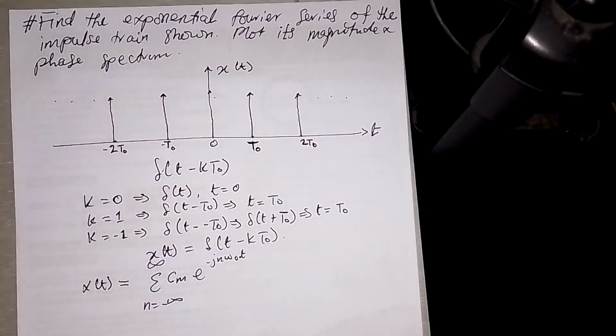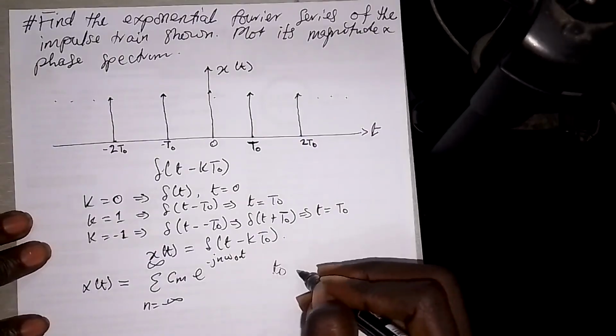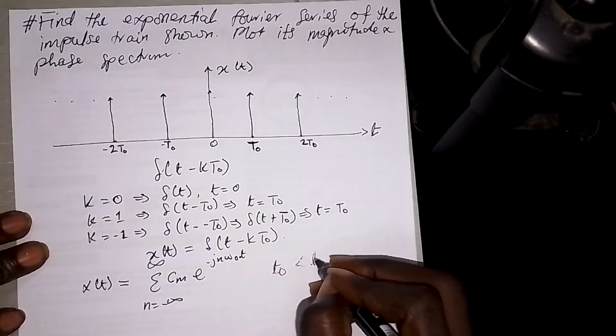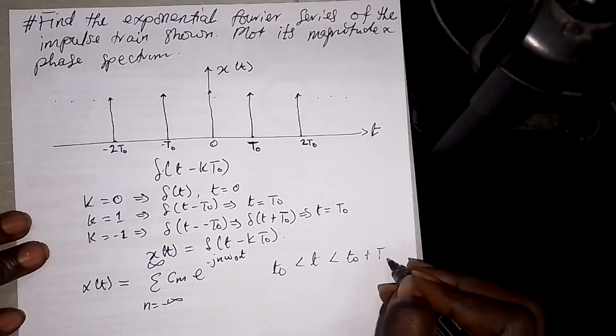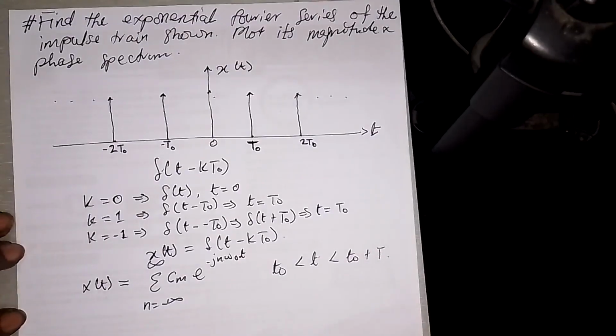That is the standard form that we have to use, and it occurs for the interval t naught less than t less than t naught plus T.